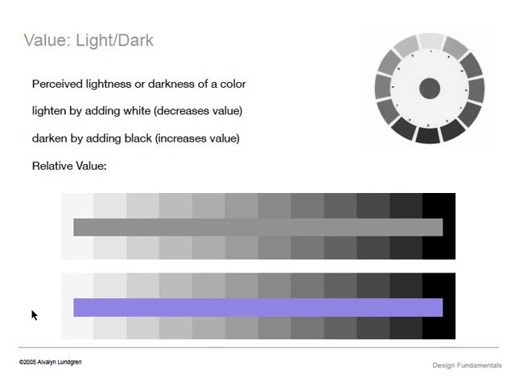So value understanding changes our perception of color. It doesn't change what the pigment's doing or the light waves that are reflected. But value is a relative thing in terms of how we perceive it. You can take a darker color and make it appear lighter by putting it on a darker background, or you can darken it by putting it on a lighter background.